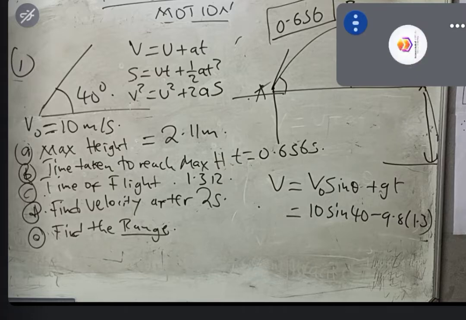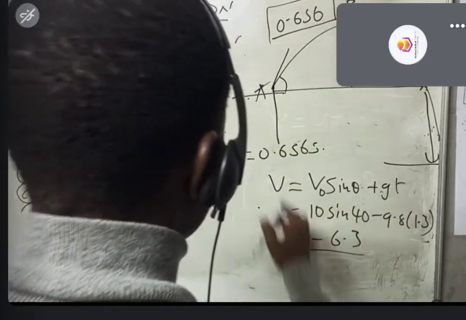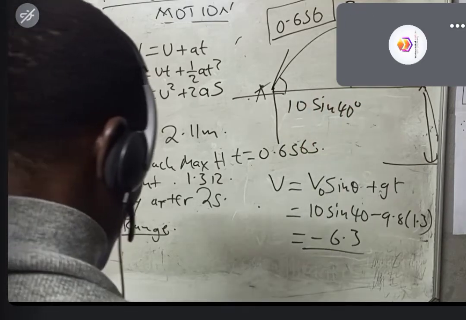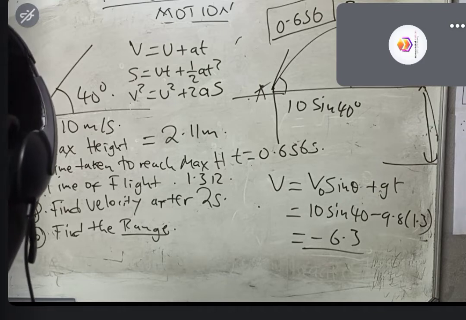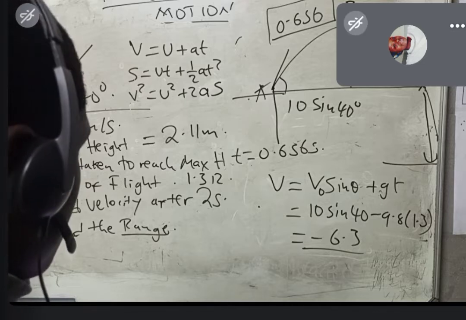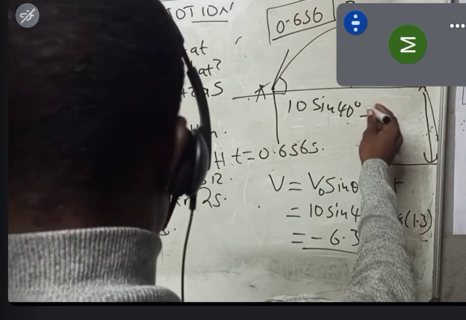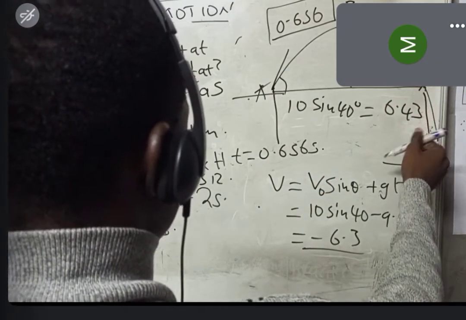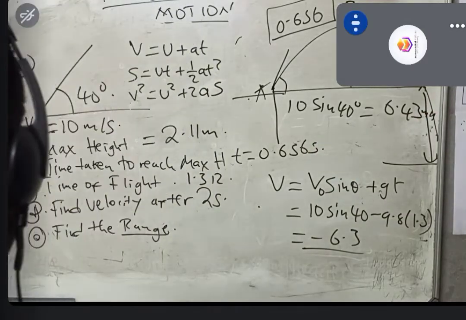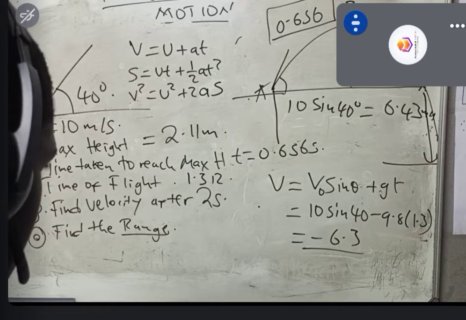Negative 6 point. Then the initial one was 10 sine 40. Try to punch it again. Then 10 sine 40 again minus 1.3 by 9.8.